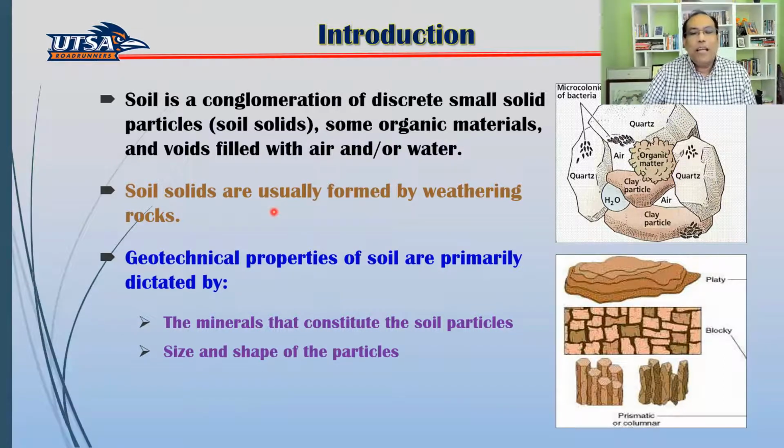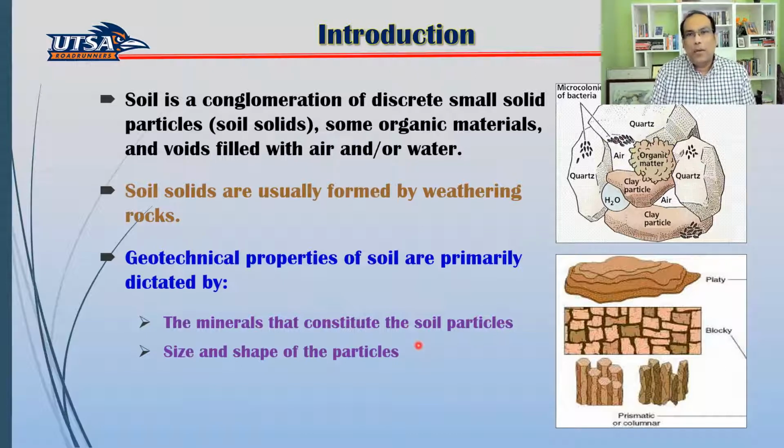Now, geotechnical properties of soil are primarily dictated by the minerals that constitute the soil particles and the size and shape of the particles. We are talking about geotechnical properties, not other properties of soil, like which soil is better for which crop. That's not our concern here.